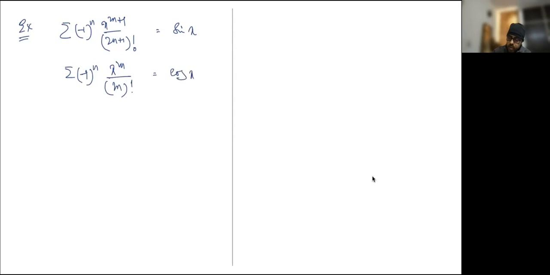This we had denoted by cosine of x, cos x. And x can be any real, so you take another real.